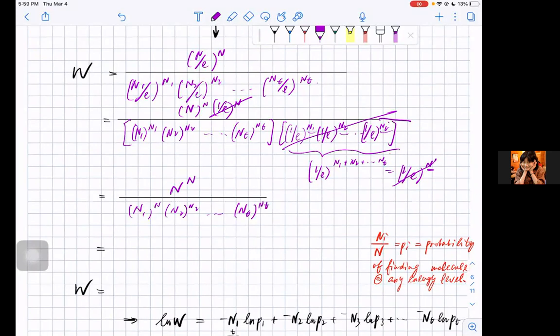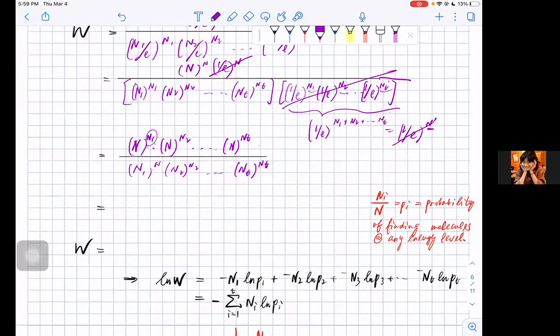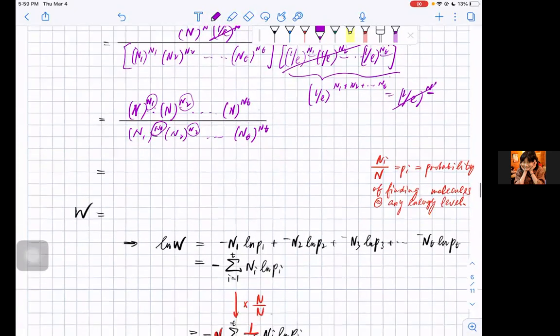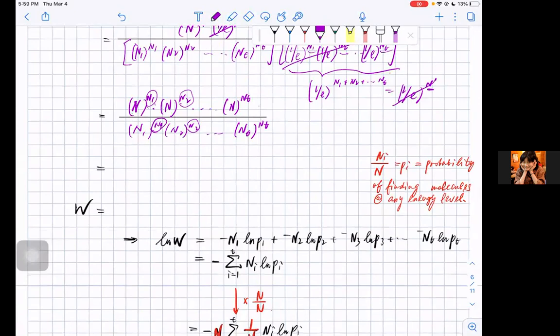All right, we can actually expand this term a little bit by expanding the exponential. All right, so now we can see we have the same exponential on numerator and denominator. And also notice this n over ni term, if we write it in the reverse form, it is just the probability of finding molecules at any energy level.